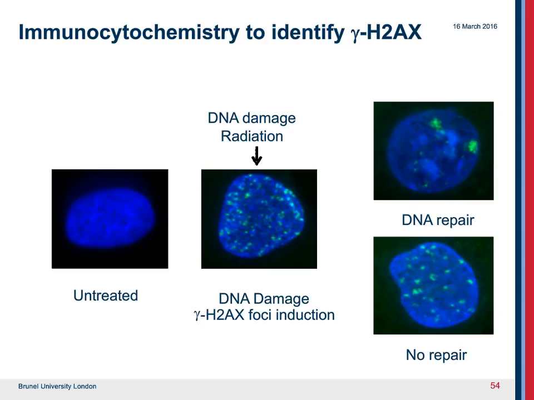Now, if we move across the slide, as we look at the upper nucleus, you can see that DNA repair has occurred, and most of the foci have disappeared. But perhaps in a scenario in an inherited DNA repair defect where there is no repair, you can see that after a significant period of time, the foci are still retained. And we've been able to use imaging flow cytometry to investigate these phenomena.